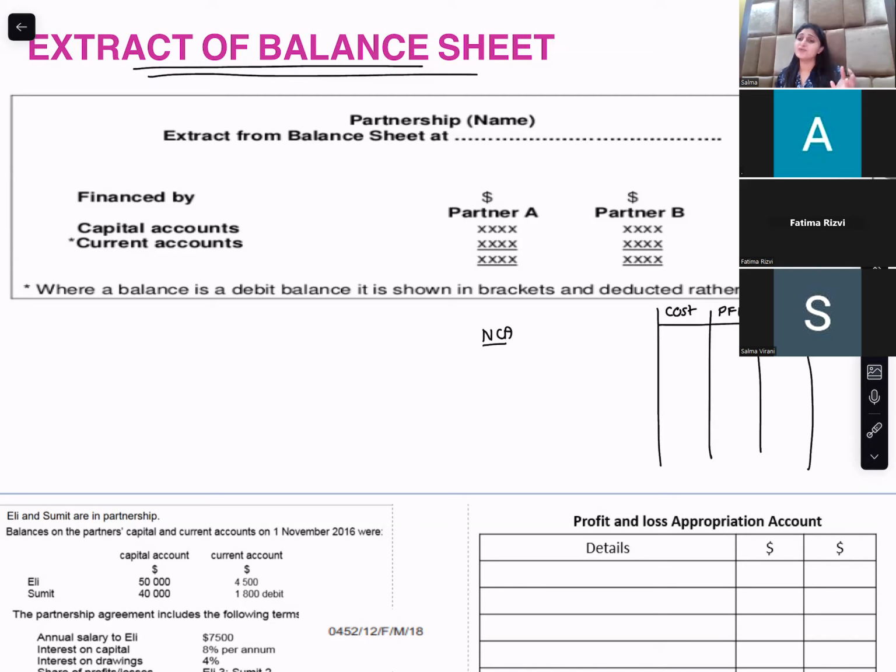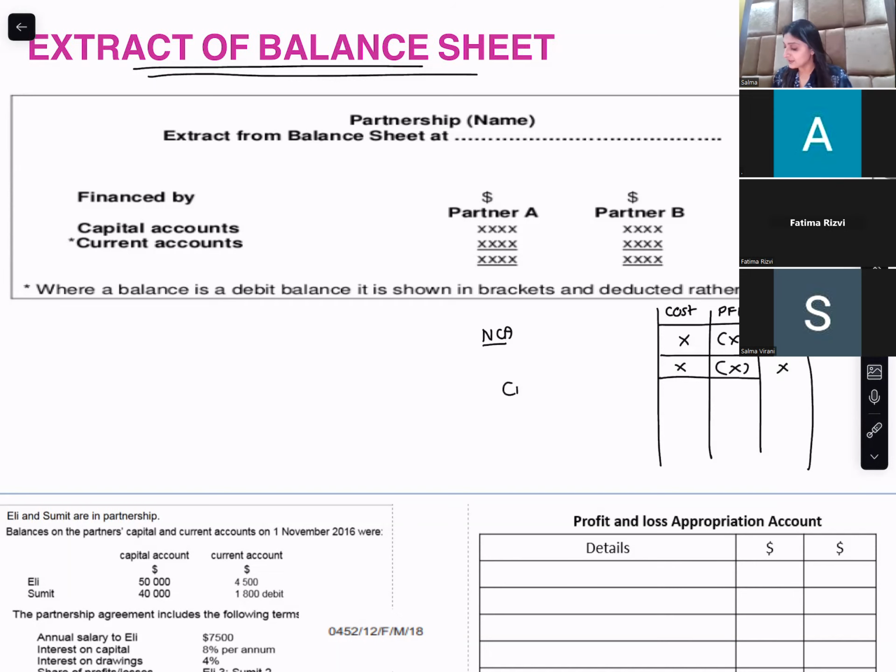Depreciation to date, provision for depreciation, it is the same thing. It means accumulated depreciation. You have your non-current asset, you get the net book value, you make a line over here, and this closes, right? Are you with me?